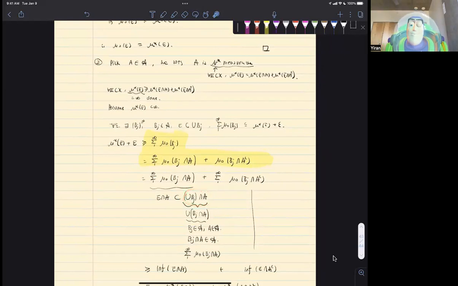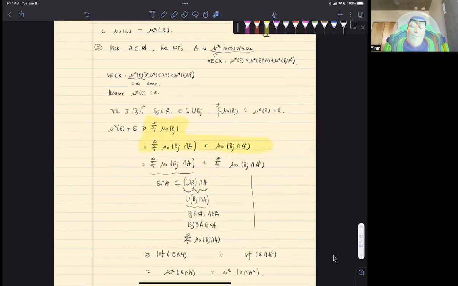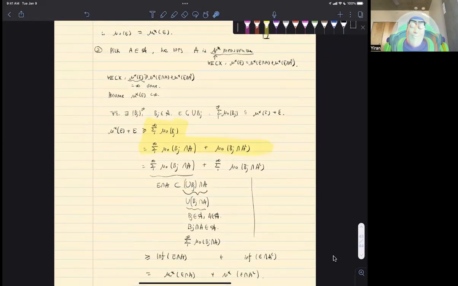Okay. So we definitely know this is larger or equal than mu naught of this, and the mu naught of this is larger than mu naught of E intersect A. But that doesn't help us because we want to connect with mu star.